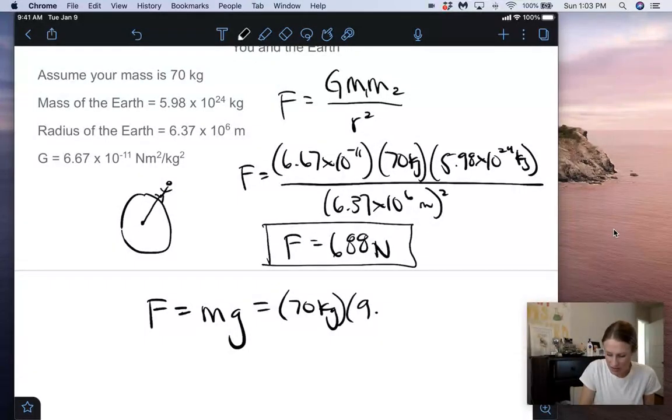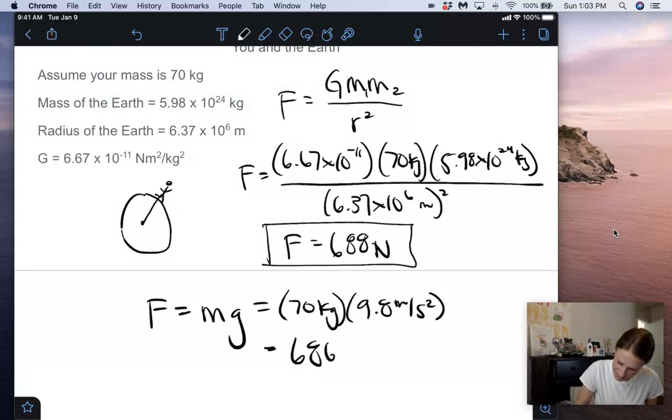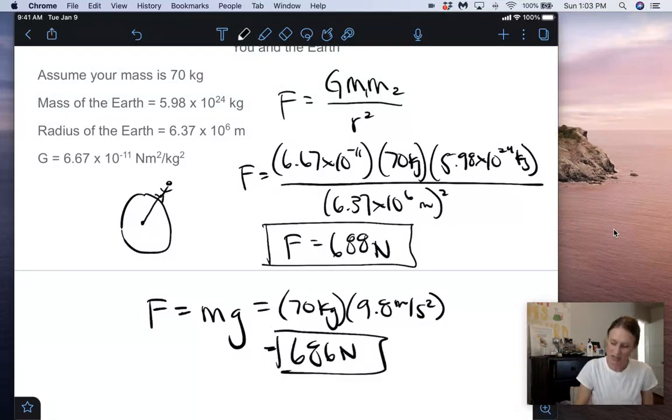Acceleration of gravity on Earth is 9.8 meters per second squared. We end up getting 70 times 9.8, which is 686 newtons. So you can see that these two numbers are very, very similar. They are a little bit different because that acceleration of gravity, 9.8 meters per second squared, the one that we use here, is a rounded number.